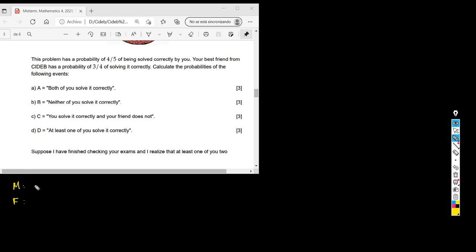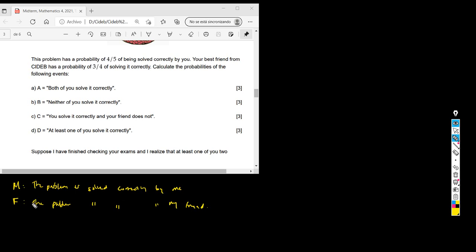The event M is the problem is solved correctly by me. M for me. And F, as you may be guessing, is the problem is solved correctly by my friend.